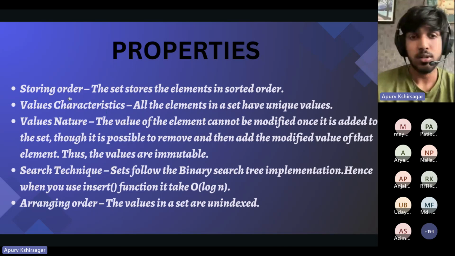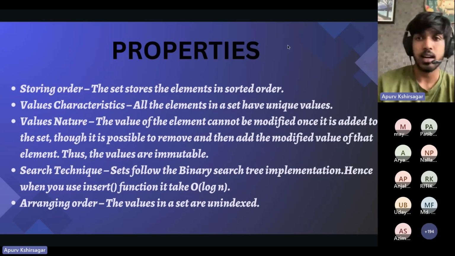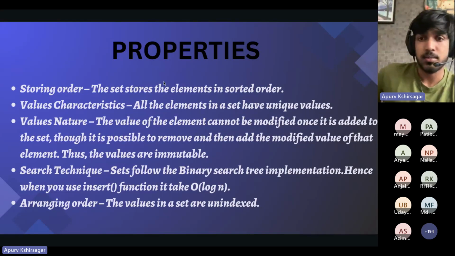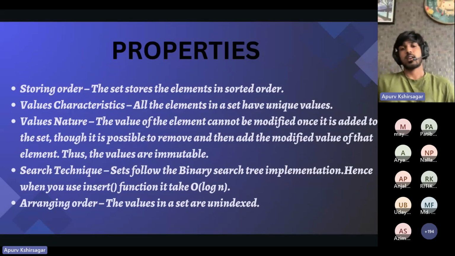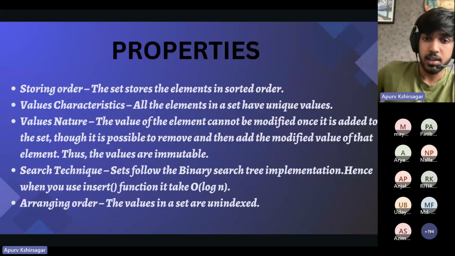Properties. Now I have told you two properties which are the standing out factors of sets. The first property tells itself that it sorts, which I've already told. Second property is also what I've already told. It has unique values. Third property. Now the third property is different.